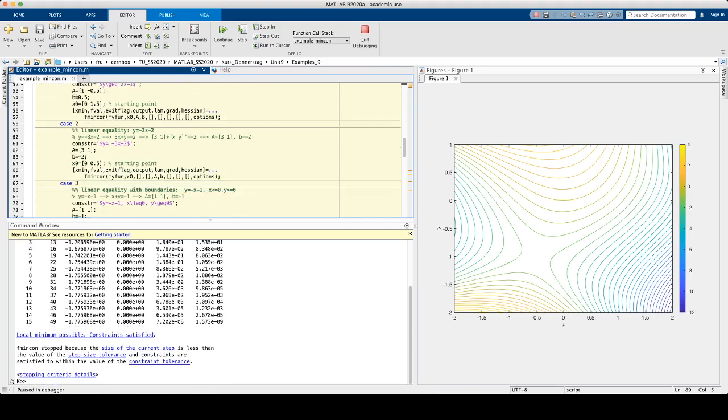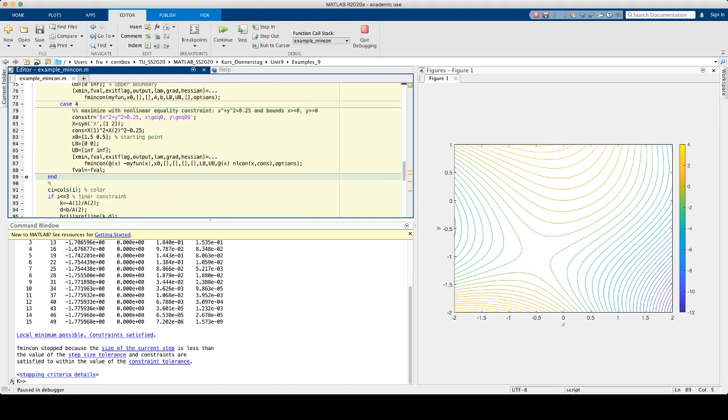Now let's look at the graphical representation of the solution. With a linear constraint, the half plane where the solution has to be is bounded by a line.